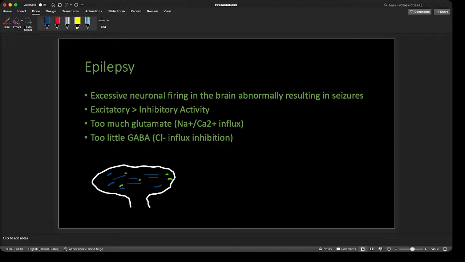We'll go a little more into the basic neuron structure, so you guys have an idea.